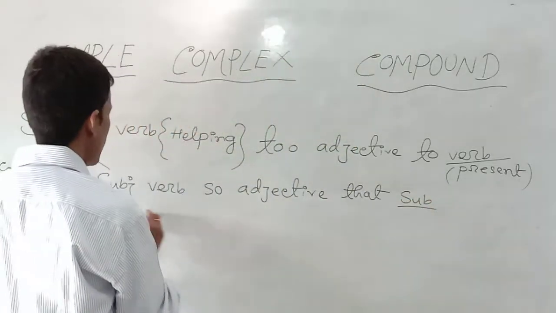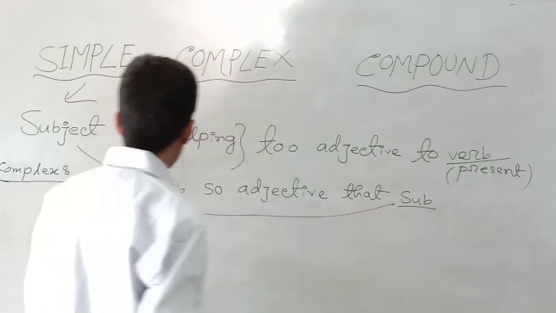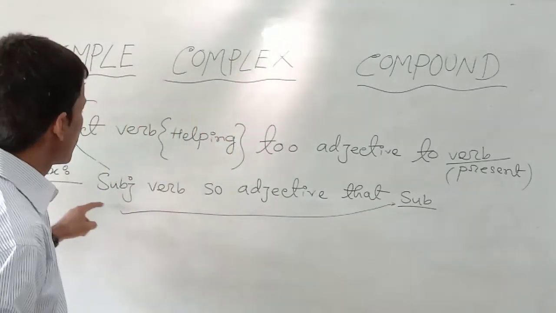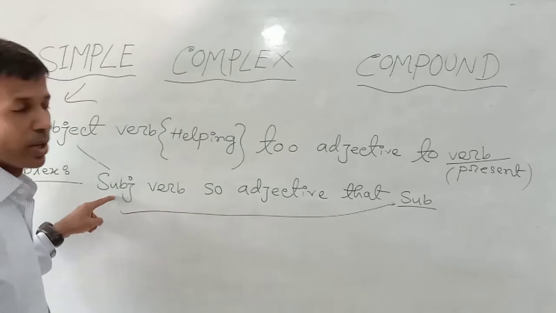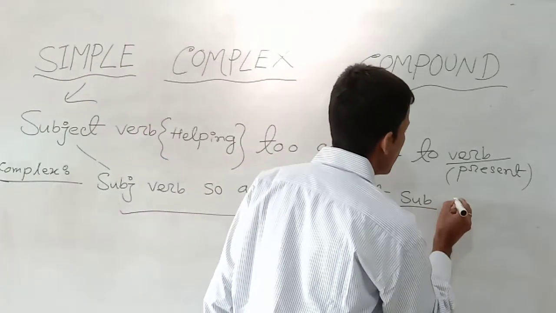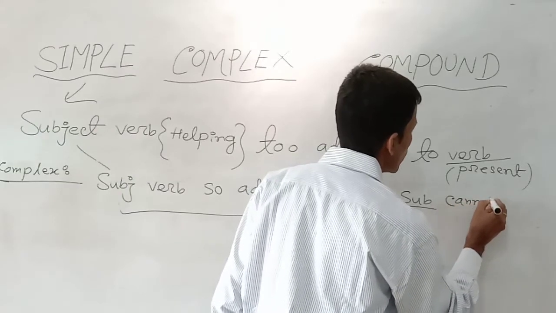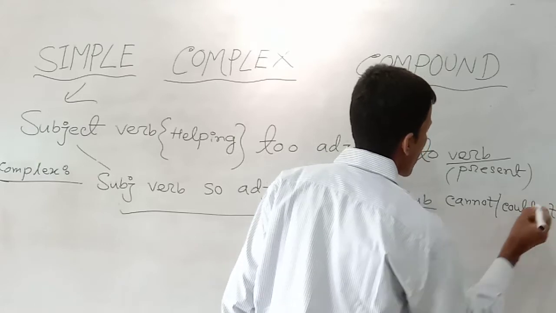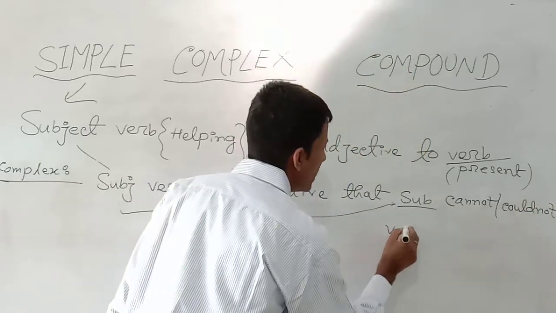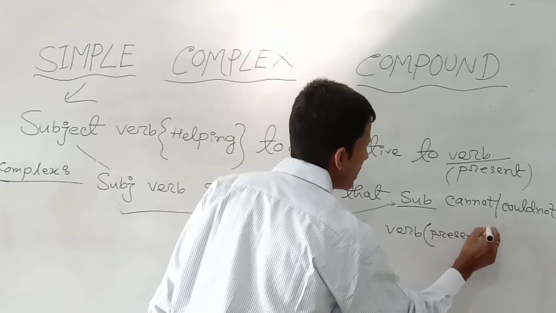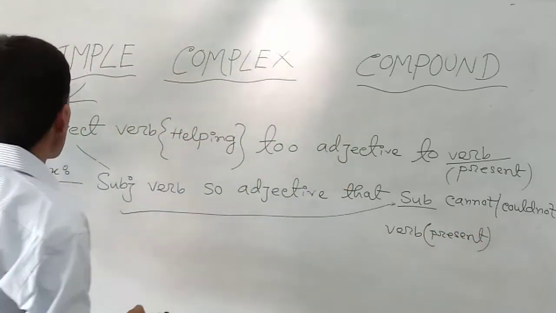This subject will be the reflexive of the first subject. If the first subject is written in noun, you will have to change it into pronoun. Then cannot or could not will have to be written. And at last the verb will be written in the present form as it was before in the structure of simple sentence.